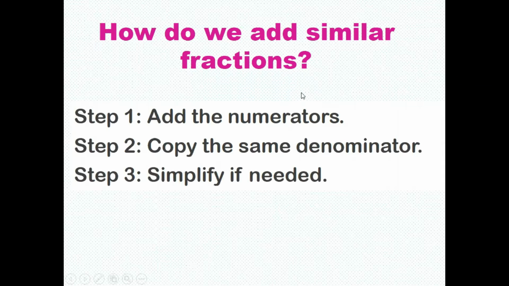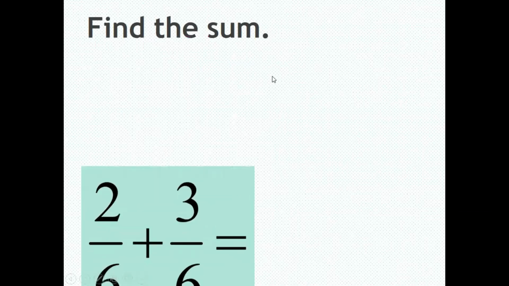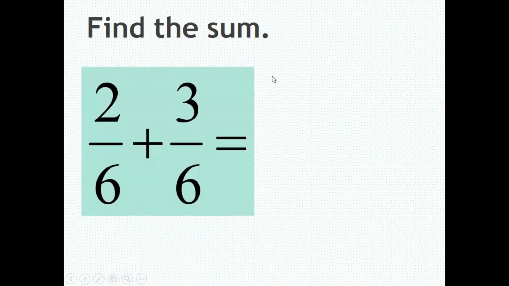Now let us proceed to our examples. First example, find the sum of 2 sixths plus 3 sixths. So again, all you have to do is simply add the numerators. We have 2 plus 3, that is 5, over what do we do again with the denominator?